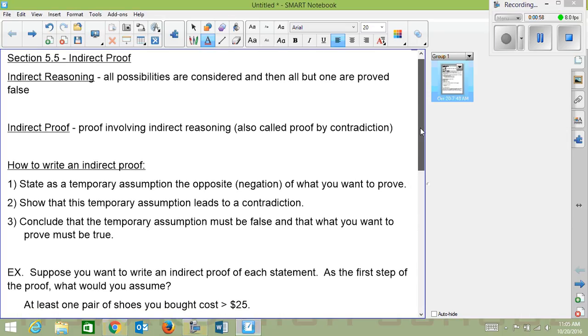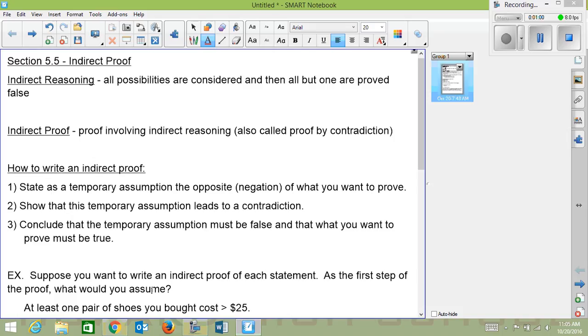So suppose, for this example, you want to write an indirect proof of each statement. As the first step of the proof, what would you assume? The statement is, at least one pair of shoes you bought cost greater than $25. So you need to state as your temporary assumption the opposite of what you want to prove.